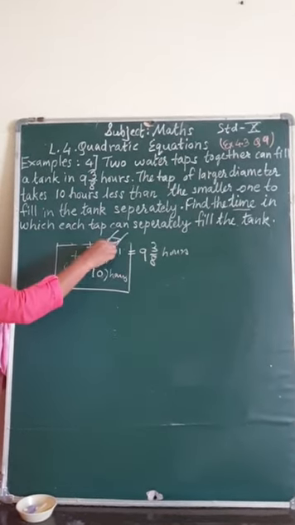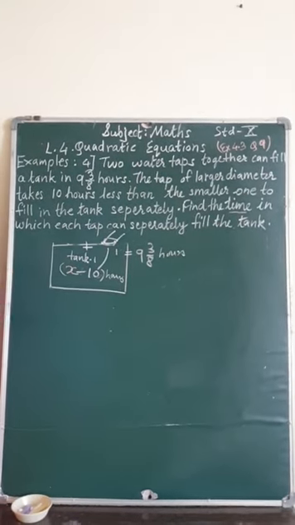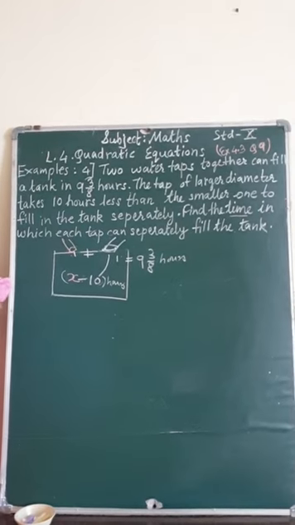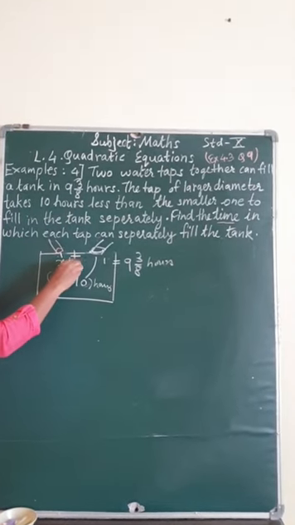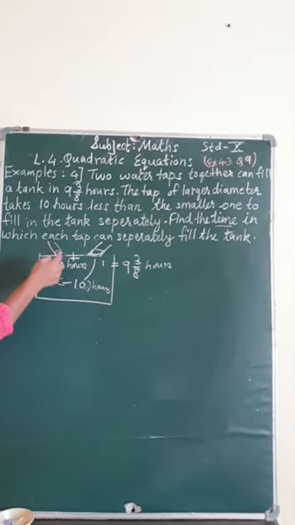You can see the larger tap, or the tap with the larger diameter, takes x minus 10 hours, and the smaller tap takes x hours. So this is how we can write it.